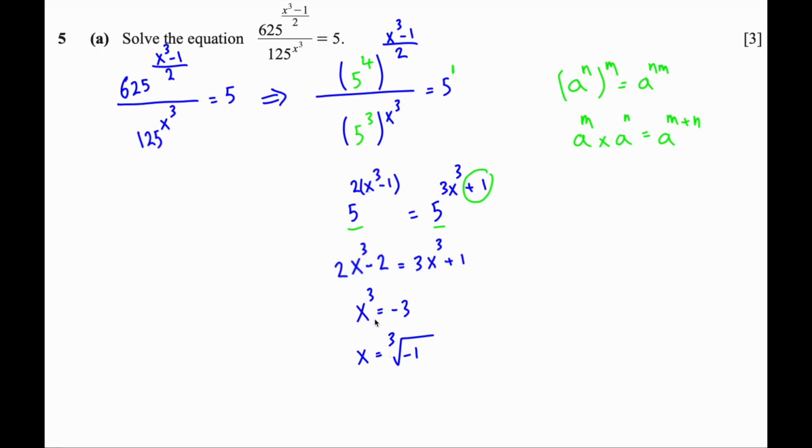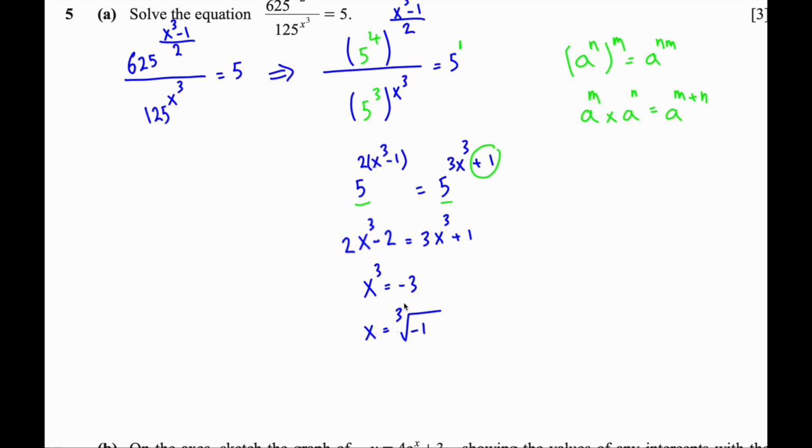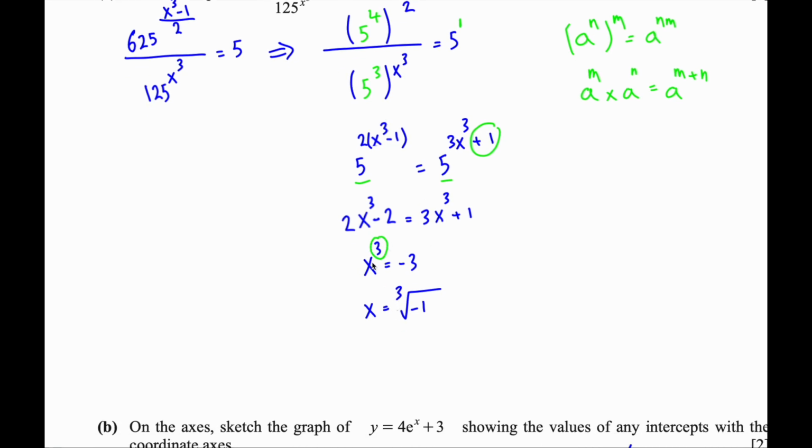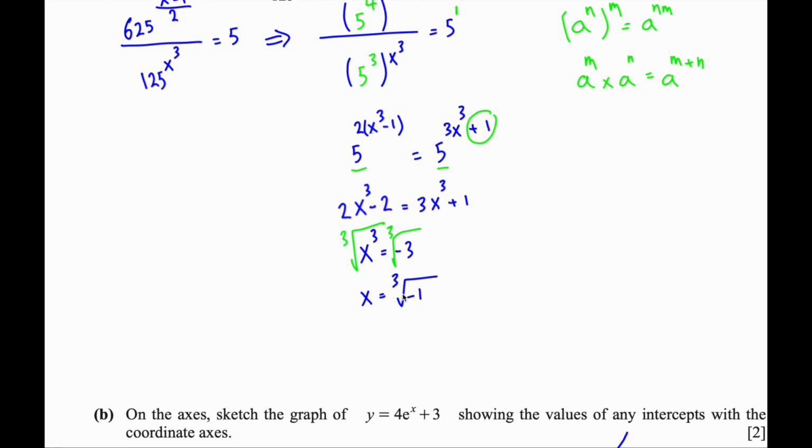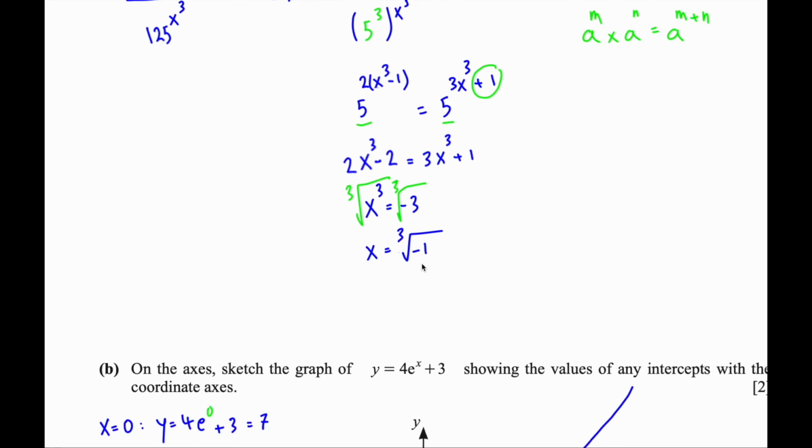You gather all the cubic terms on one side, the constant on the other side, you end up with x³ to be −3. And lastly, how do you get rid of this power 3? You can take cube root of both sides, which results in x to be the cube root of −1.